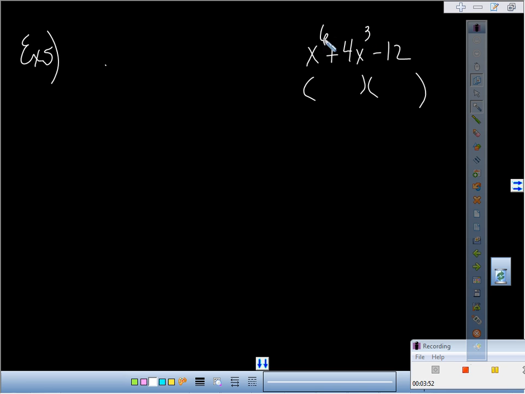Half of that exponent right there. And then this actually is what it would factor into, right? Because it would factor into x to the third times x to the third. What is x to the third times x to the third? X to the 6. Okay, a minus sign at the end means one's a plus and one's a minus. The factors of 12 that subtract to be 4, 6, and 2. Alright?